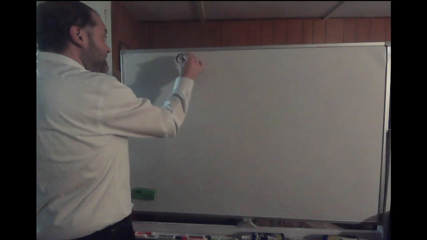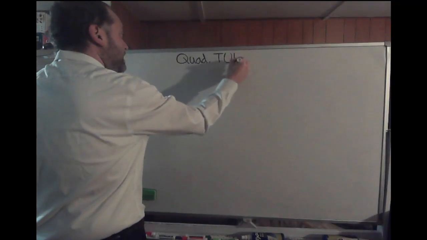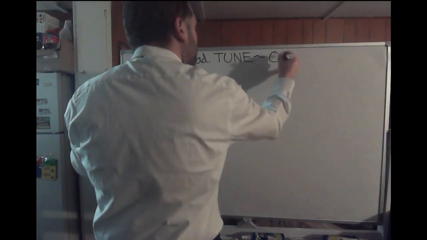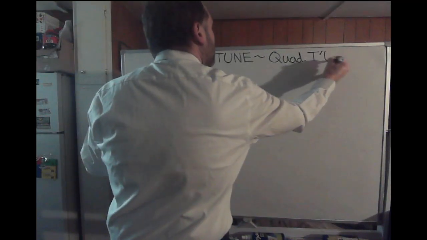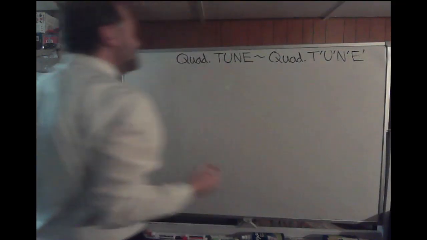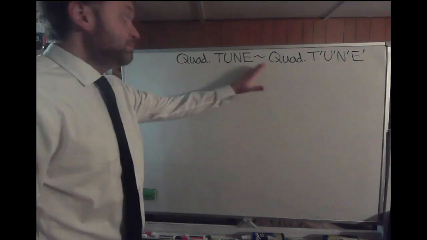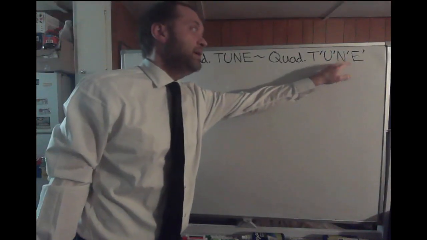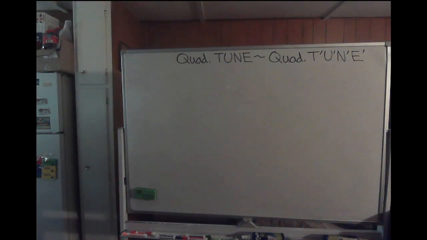They start out by telling you that quadrilateral TUNE is similar to quadrilateral T prime, U prime, N prime, E prime. So we are going to be given two, not congruent, I said congruent, I'm sorry, they're similar. Quadrilateral TUNE is similar to quadrilateral T prime, U prime, N prime, E prime. And I'm going to draw those for you. We're going to do a few exercises with those.